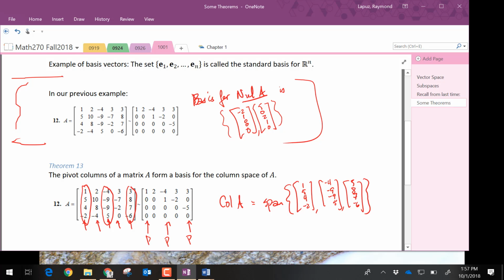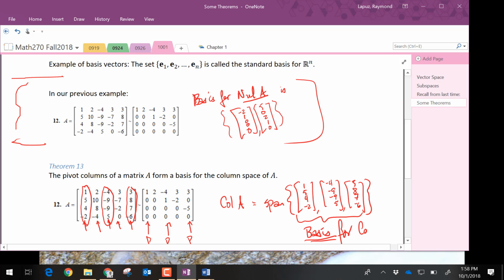So instead of having 5 vectors, I can cut it down to 3 linearly independent vectors, and these 3 will form a basis for Col A. And it turns out that 2 of them can be eliminated and still span the same thing.